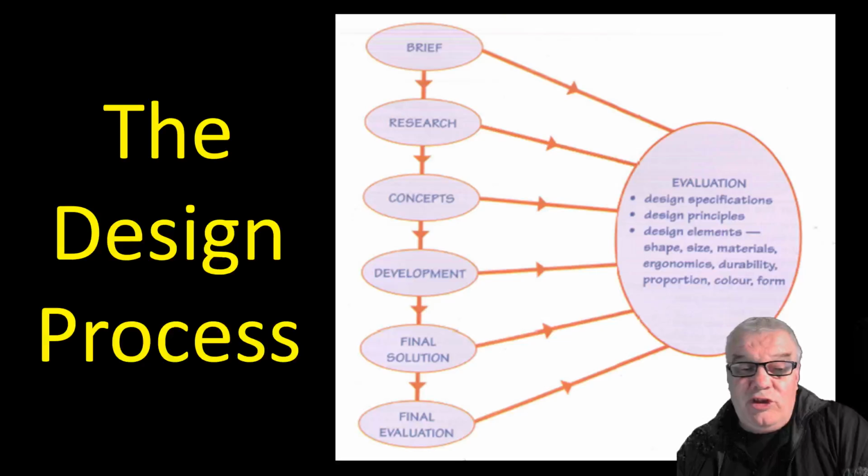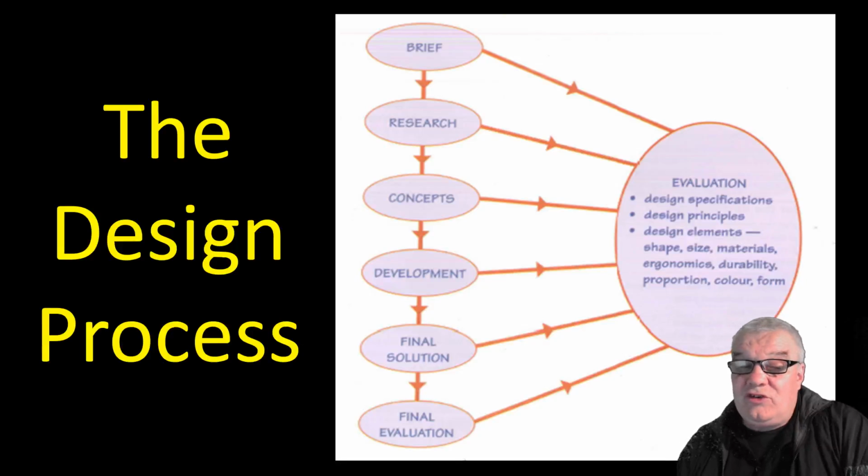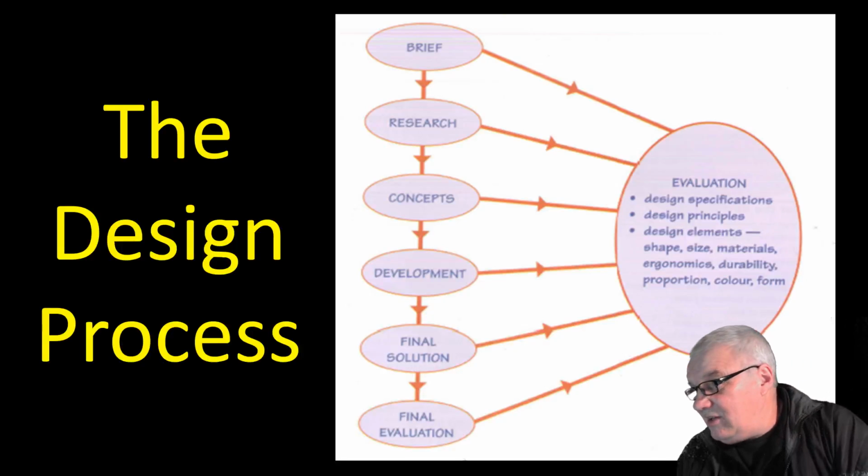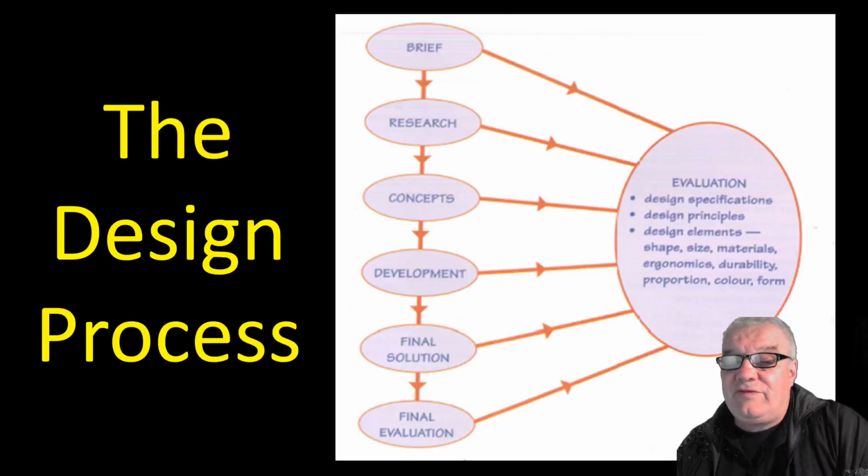Then you do some research, which might involve looking on the internet or reading books or asking various people. All that information goes into the pot there, and you evaluate it. It may be that after doing some research, you actually change the brief or reassess the problem.